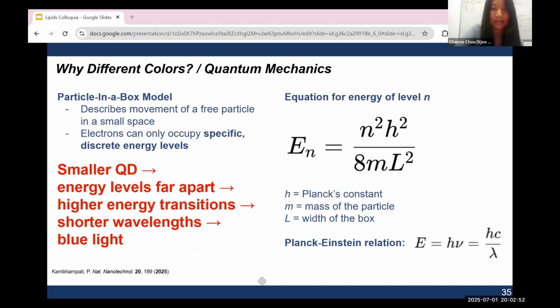So to sum it up, smaller quantum dots have energy levels that are further apart, which means they have higher energy transitions. Using the Planck-Einstein relation, that means they have smaller wavelengths, and smaller wavelengths correspond to bluer light. So this is why on the far left of our vial lineup, the ones with the least reaction time correspond to the bluest fluorescence light.